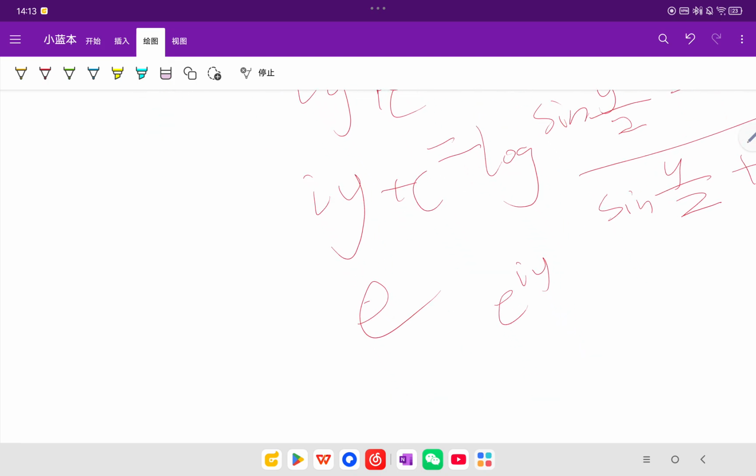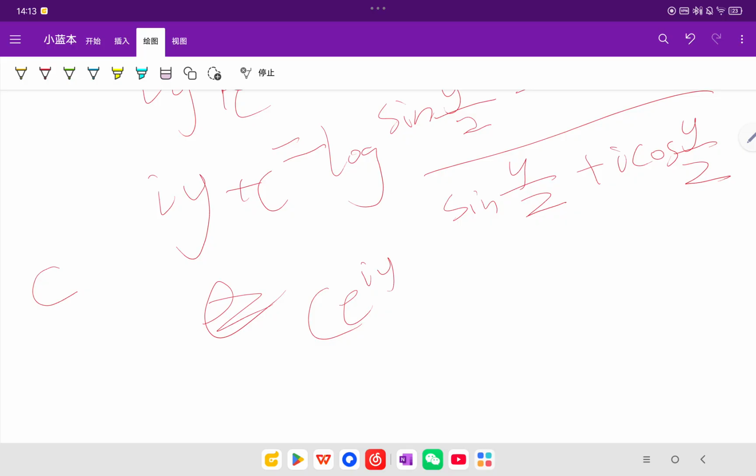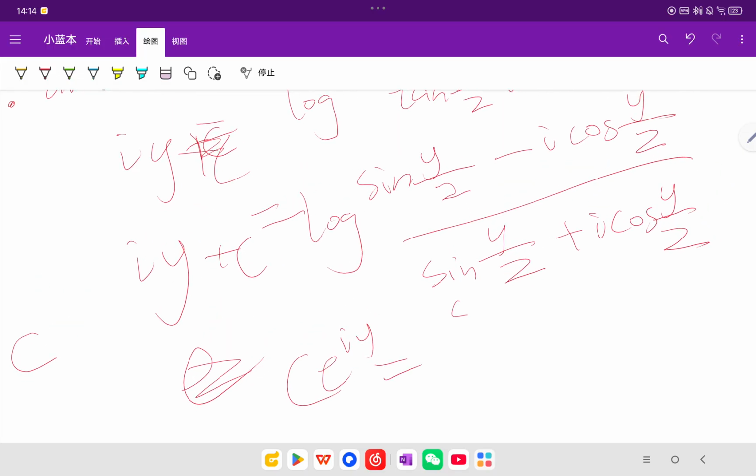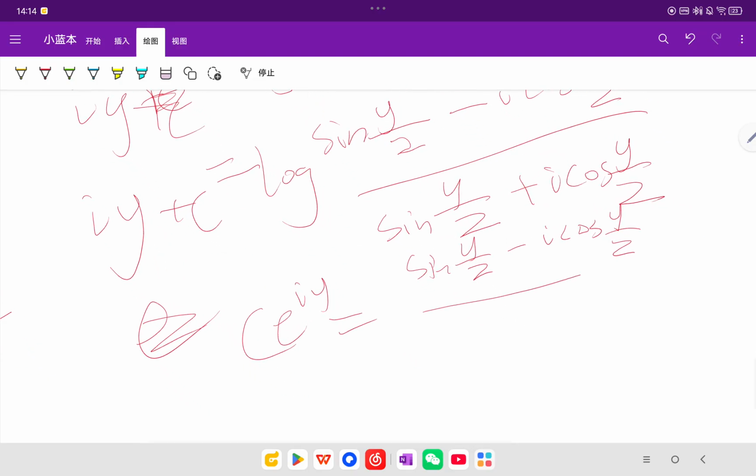And so we'll get e to the iy, and we'll make an abbreviation to make this expression simpler. We'll just use the same c to represent e to the cth power. So we'll have c times e to the iy equals sine y divided by 2 minus i cos y divided by 2, divided by sine y divided by 2 plus i cos y divided by 2.